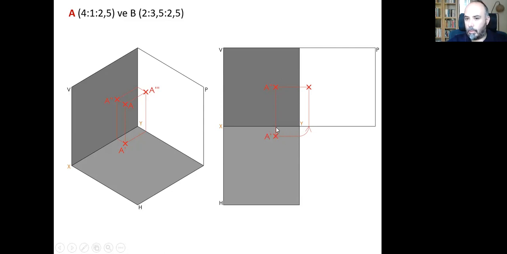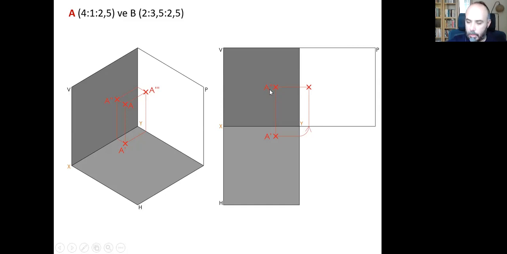I just need to transfer this length up here, and then by using my set square, I can measure the level here, 4 centimeters, and their intersection will indicate the position of A double prime.